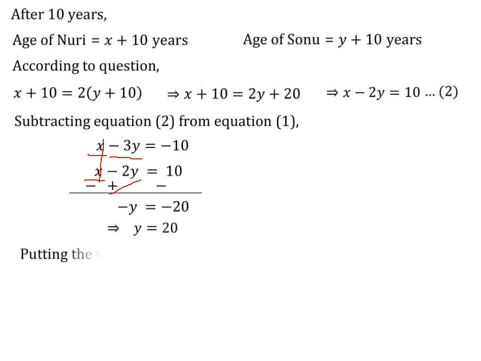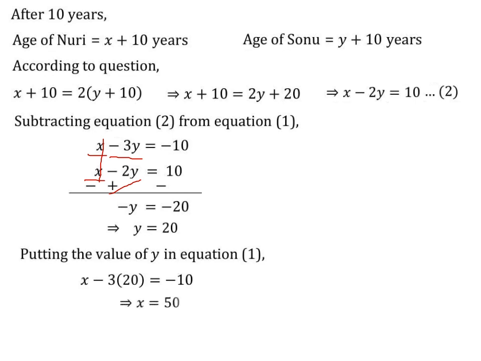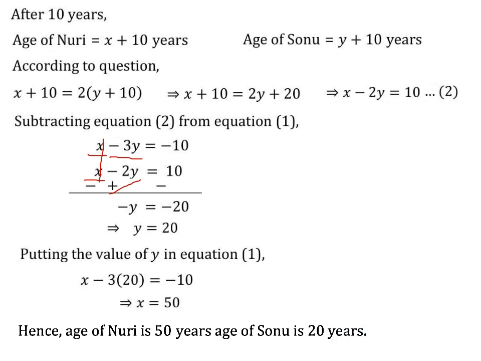Now, putting this value in equation number 1, I will get x minus 3 into 20 equals minus 10. 3 into 20 will become 60, and 60 will go towards the right hand side, it will become plus 60. So x becomes 50. Hence, age of Noori is 50 years and age of Sonu is 20 years. So this is the answer of the second question.